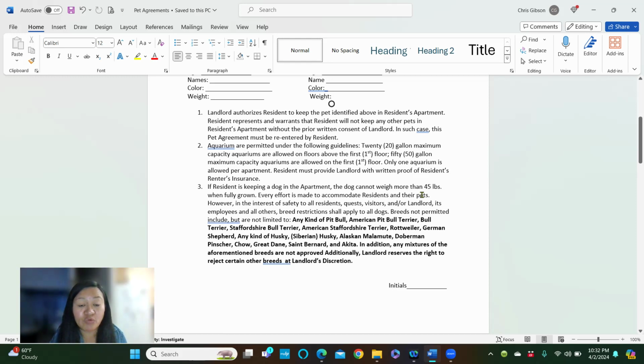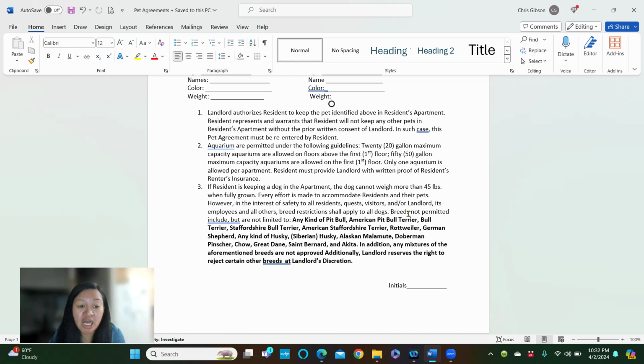It's not mandatory, but we put it on our list that they need to get renter insurance, because if anything happens, at least they have protection. If the resident is keeping a dog in the apartment, the dog cannot weigh more than 45 pounds when fully grown. Some dogs are small, but when they grow they become bigger and bigger, so only 45 pounds is allowed.